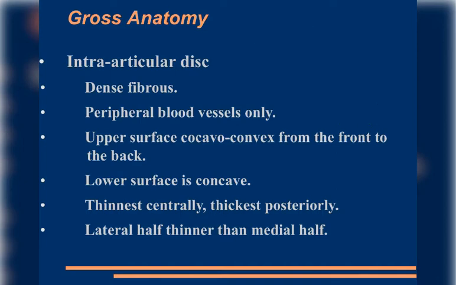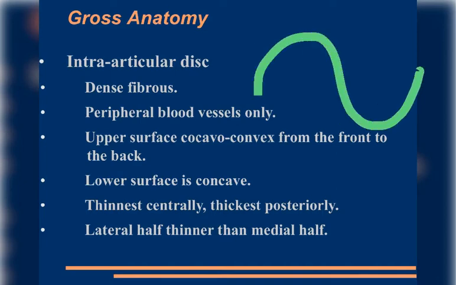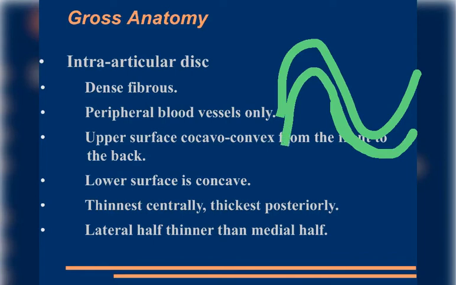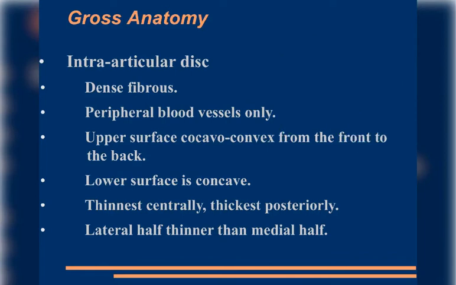So the disc in the area where the fossa is should be convex, and in the area where there is the articular eminence it should be concave. So it's concavo-convex anterior-posteriorly.